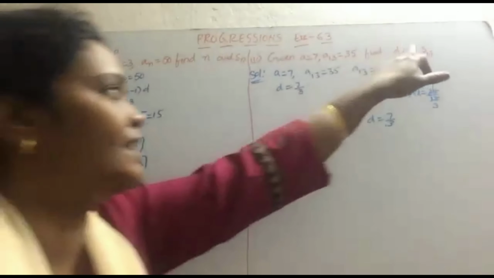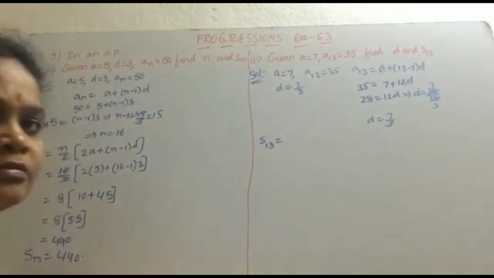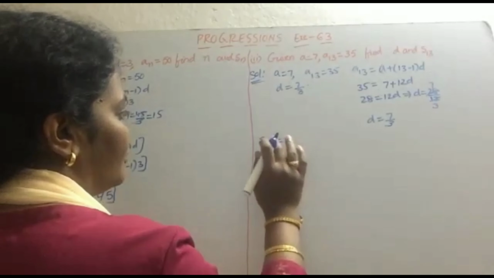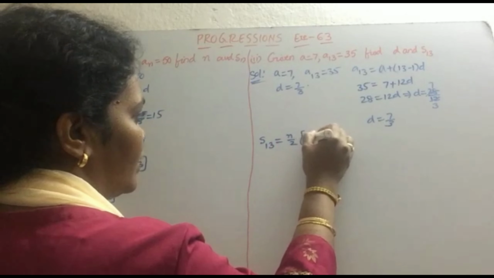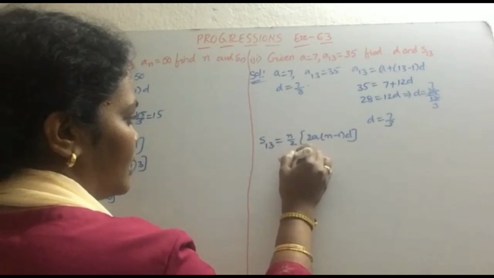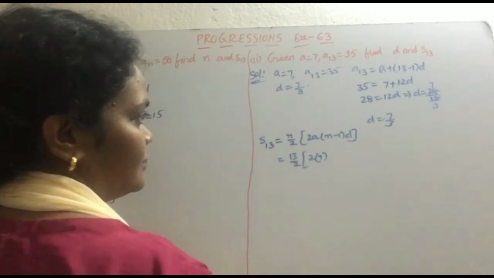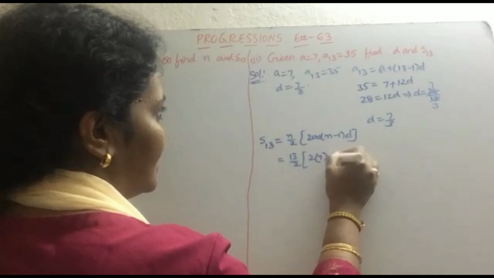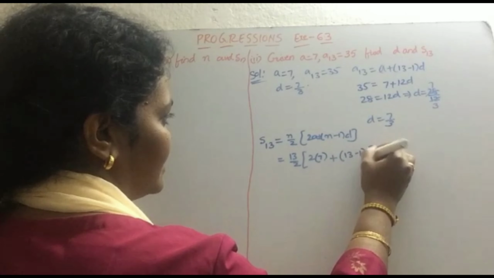Now we will find S13. We know Sn is equal to n by 2 into 2a plus n minus 1 into d. So here n is equal to 13. So 13 by 2 into a is 7, plus n is 13 minus 1 into d is 7 by 3.